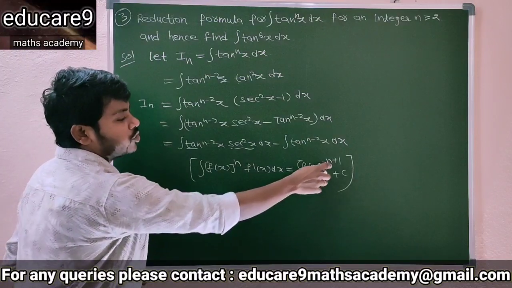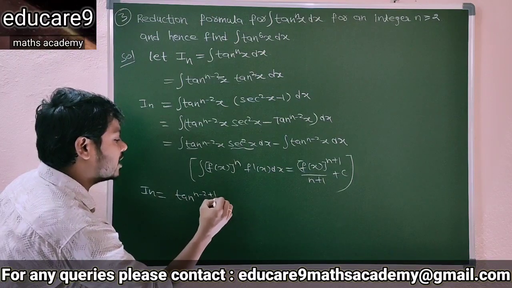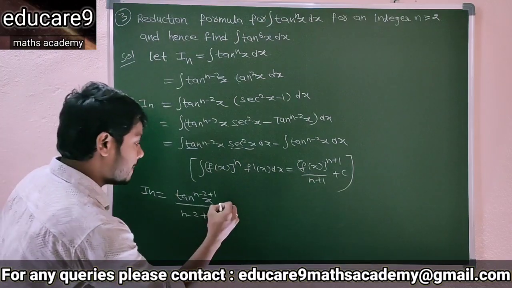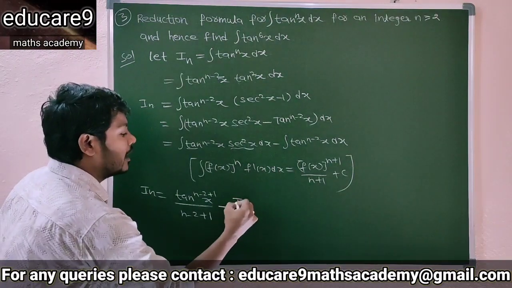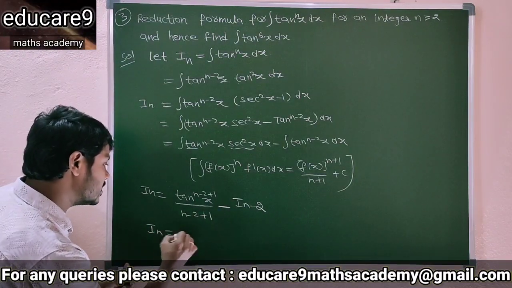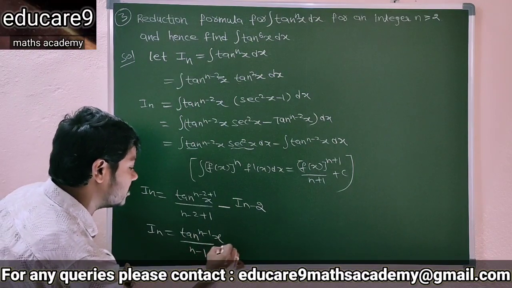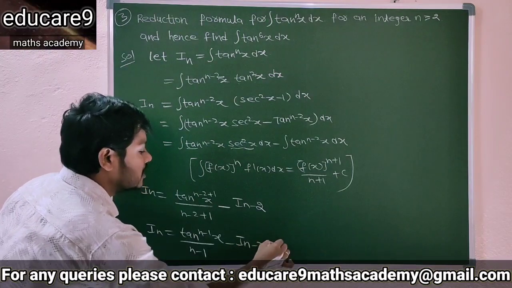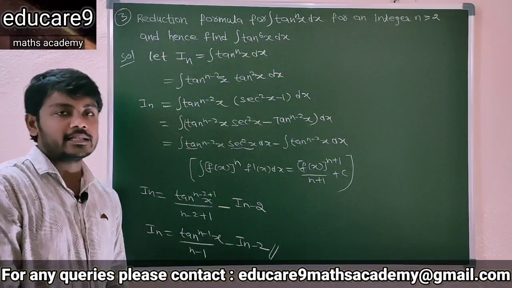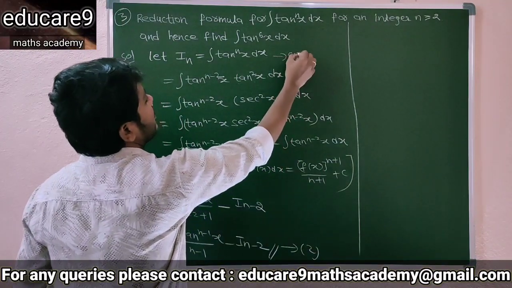So we write (f(x))^(n+1), that is tan^(n-2+1) x by (n-2+1), minus I_(n-2). So clearly, I_n is tan^(n-1) x divided by (n-1) minus I_(n-2). This is the reduction formula for tan^n x dx. This is equation 2 and this is equation 1.